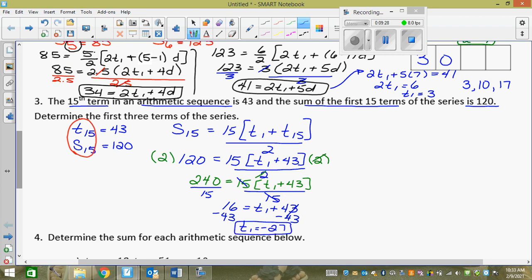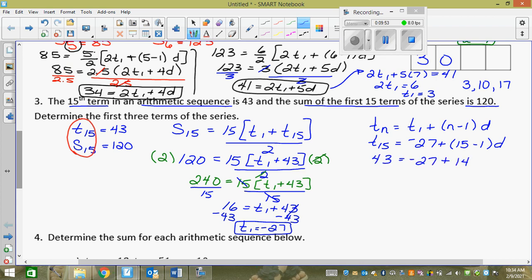And then I can use the Tn formula. Tn equals T1 plus N minus 1D. I can do T15 equals T1, which is negative 27, plus 15 minus 1, and then D. But I can only be missing D. And they gave me T15, which is 43, equals negative 27 plus 14D.